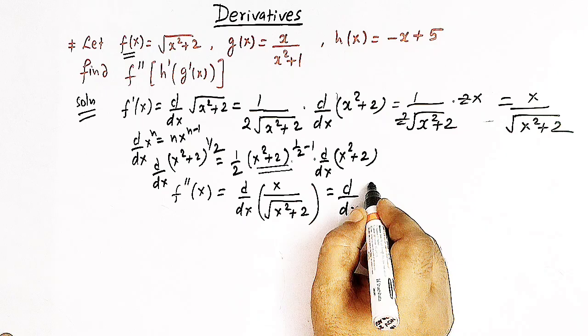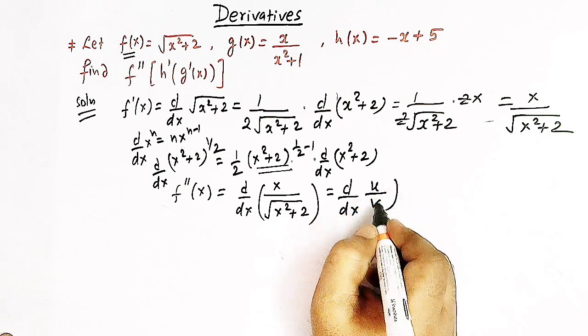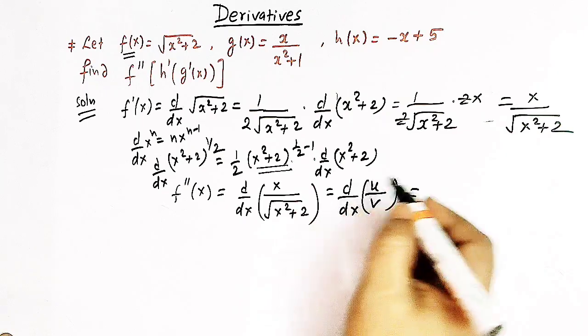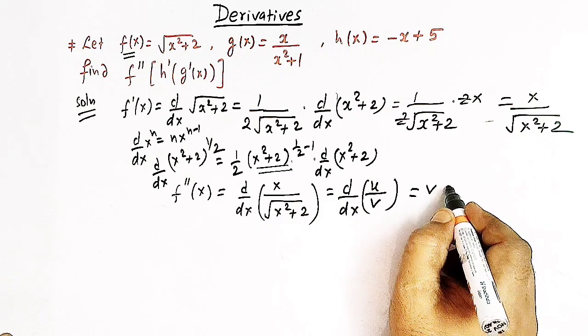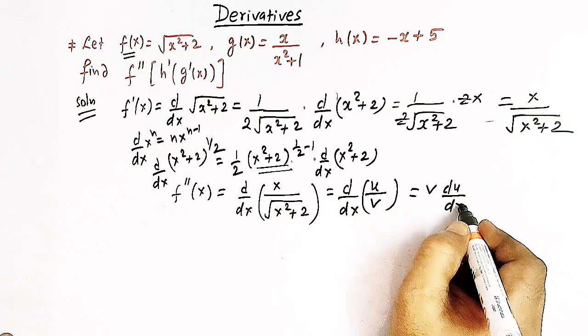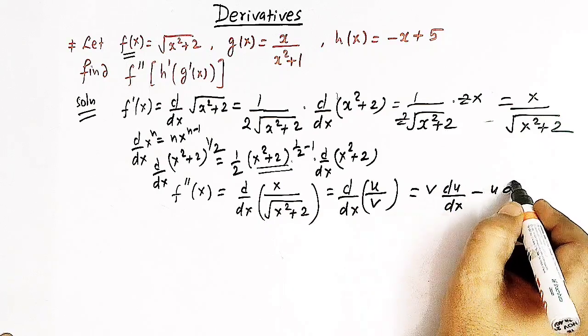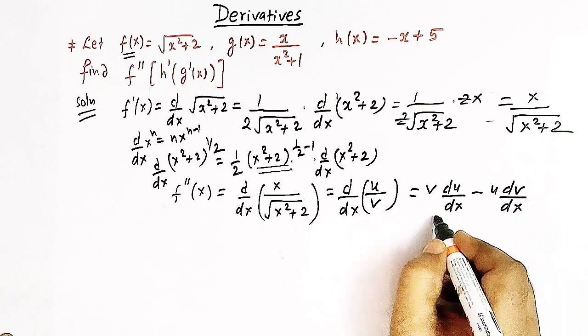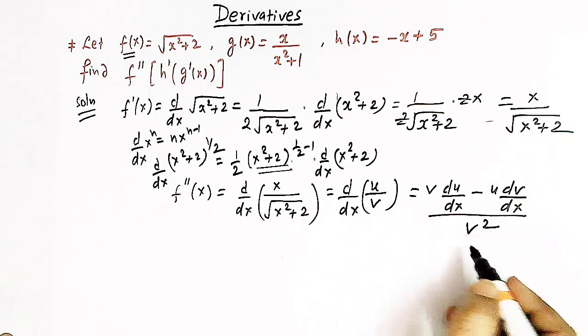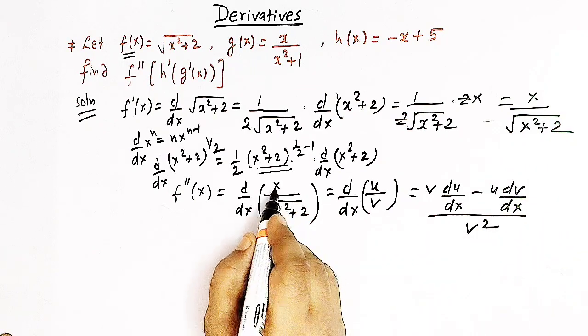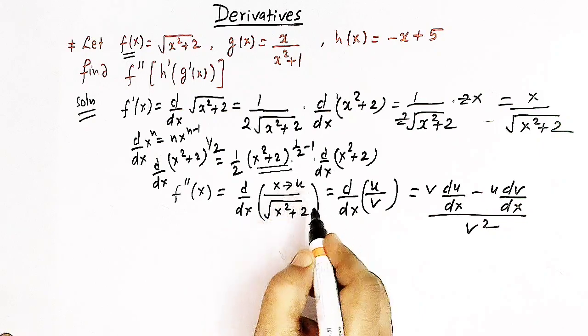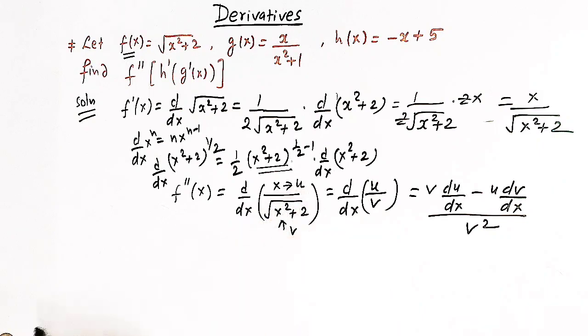If we have two functions, say u and v, and these two functions are functions of x, then the derivative of u over v is v du over dx minus u dv over dx, divided by square of v. Here this function can be taken as u, and this function can be taken as v.